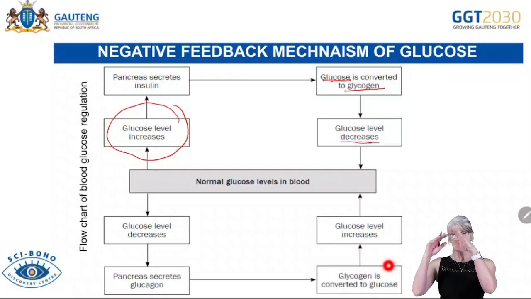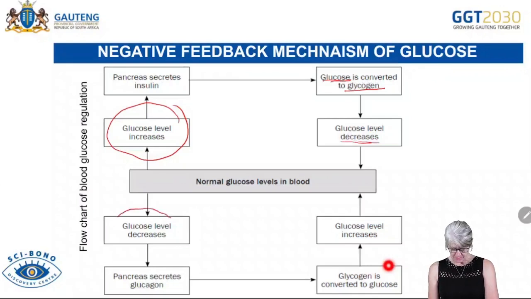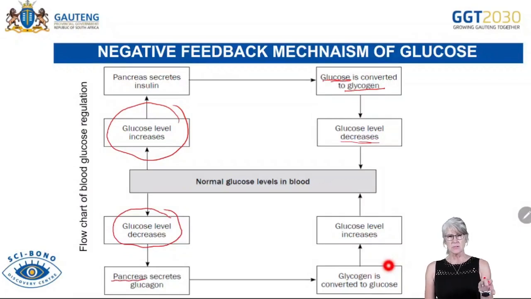But now my blood glucose goes too low. Okay, so now that's the opposite. So we see the glucose levels decrease, that information gets back to the pancreas, and the pancreas is now going to stop secreting insulin and it's going to secrete glucagon. Actually, glucagon inhibits the secretion of insulin. So glucagon is the second hormone, and what glucagon does is it stimulates the conversion of glycogen back to glucose.